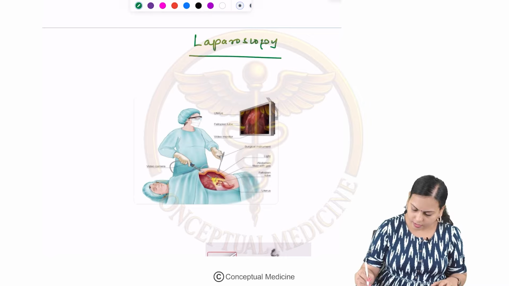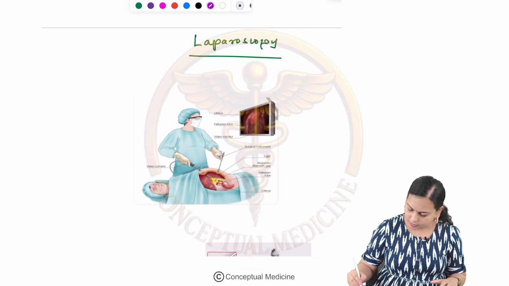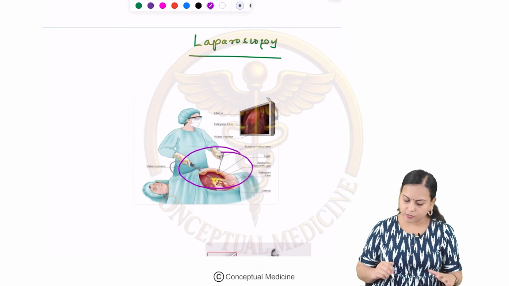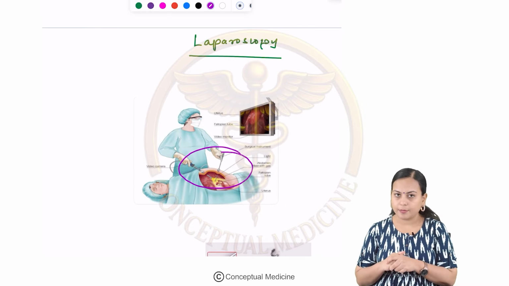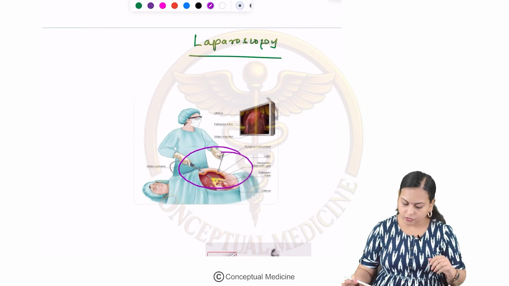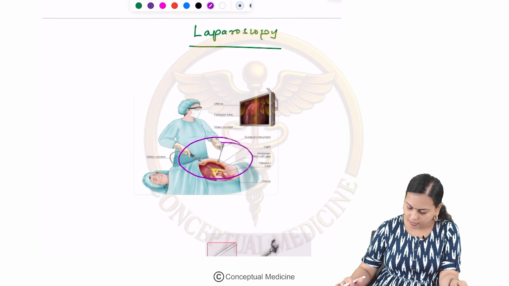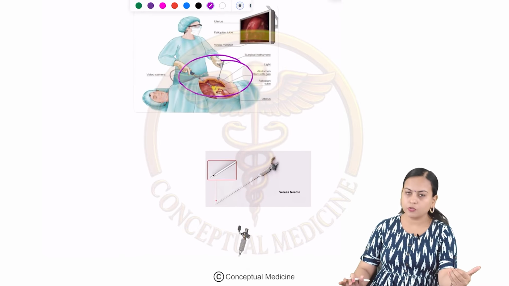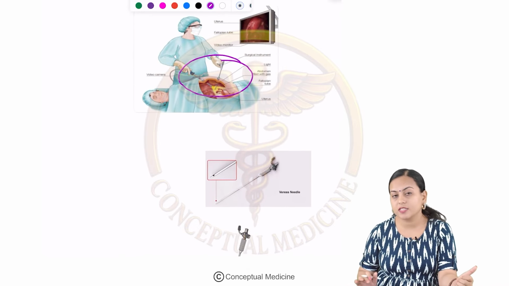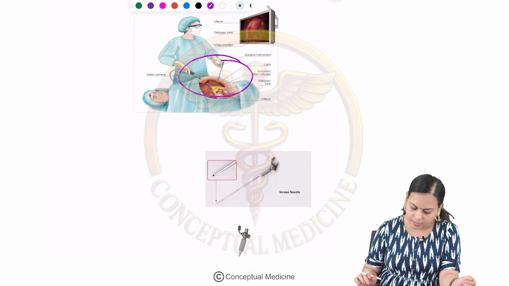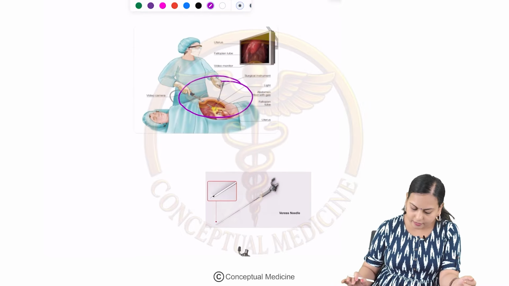Here a fiber optic instrument is inserted through the abdominal wall to view the organs of the abdomen. We will be able to obtain a small scale surgery with the help of creating pneumoperitoneum. Here, we also have an insufflator.